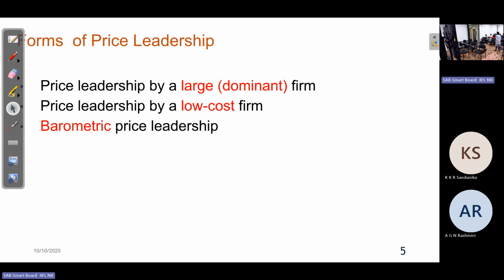Take 5 minutes and let me know examples under each of the price leadership models. You can refer to Sri Lanka, you can refer to the world.